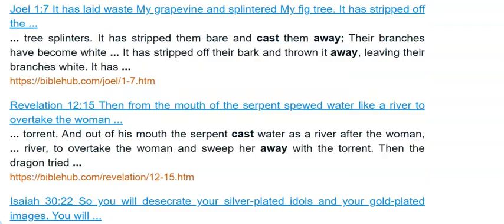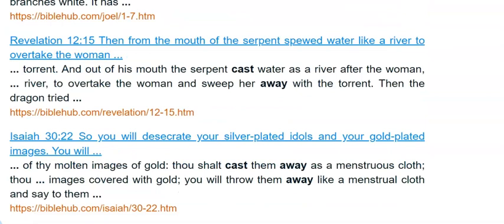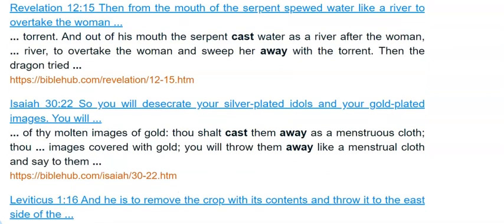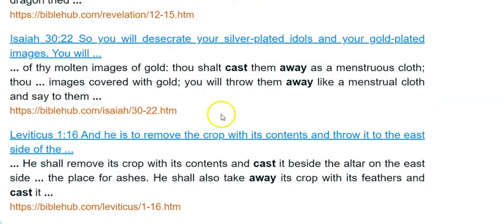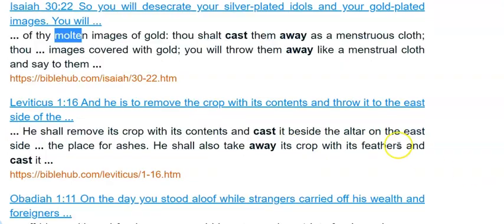Stripped them bare and cast them away. Always metaphorically. The molten images. Now like the molten and the Vulcan. And they are that. Right? Move the crop and throw it to the east side. Yeah, just all trans metaphors, right?